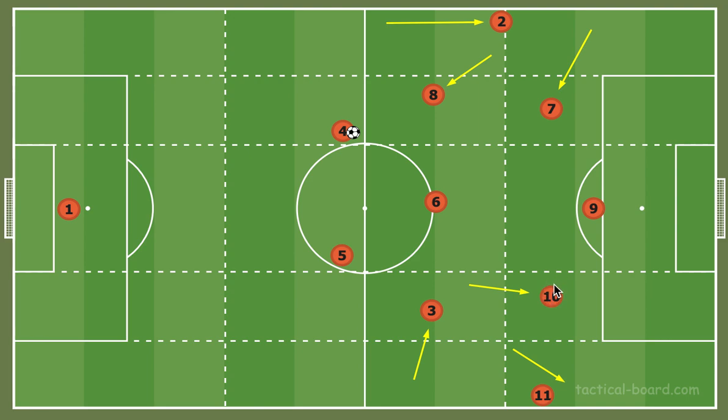And on this side, we have attacking midfielder and winger. So here's our W shape made up of our fullback, holding midfielder, and attacking midfielder. And then between the lines, we have a winger, attacking midfielder, winger, striker, fullback.